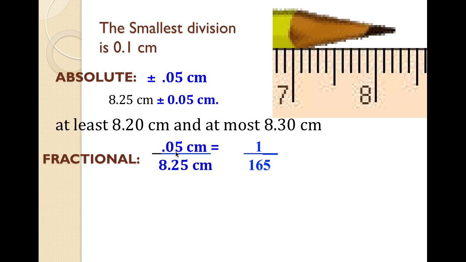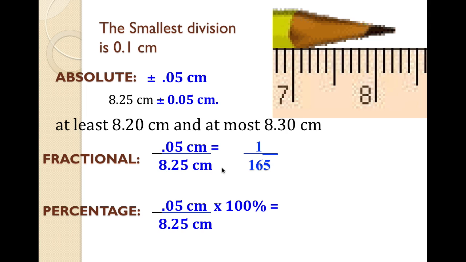The percentage is 0.05 centimeters divided by 8.25 centimeters, multiplied by 100%, and you get an answer of 0.6060, and it does continue on for a while. However, because we have three significant figures here, we just need to have three significant figures at the end. And this is a pretty good percentage.